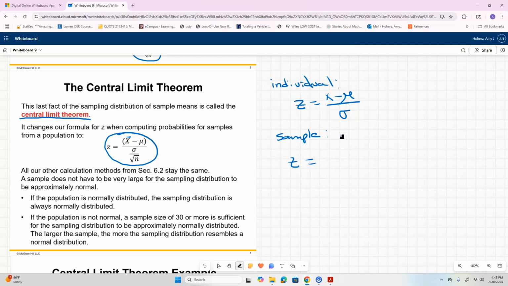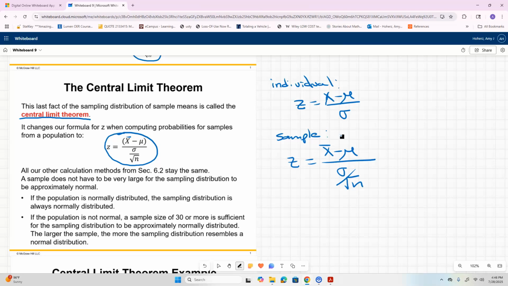This should have a bar on top of it. So it's going to be x bar minus mu over sigma divided by the square root of n. So you have to add that on the bottom here. Notice the only real difference is instead of an x, we're using an x bar, and instead of a sigma, we're using a sigma over square root of n. We're adjusting for what we said on that prior slide. We're using that sigma over square root of n now.